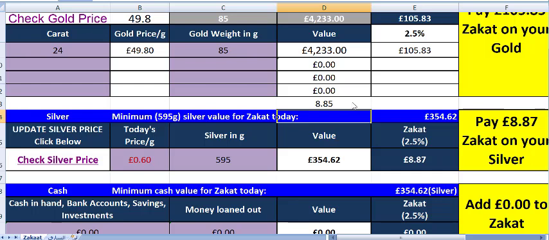Yes, it's not something heavy. You can pay 10 pounds, 20 pounds to the miskin for sadaqah, for poor people. So it's better to take the lowest threshold. But if you say, I'm taking the highest threshold, no one can say no.